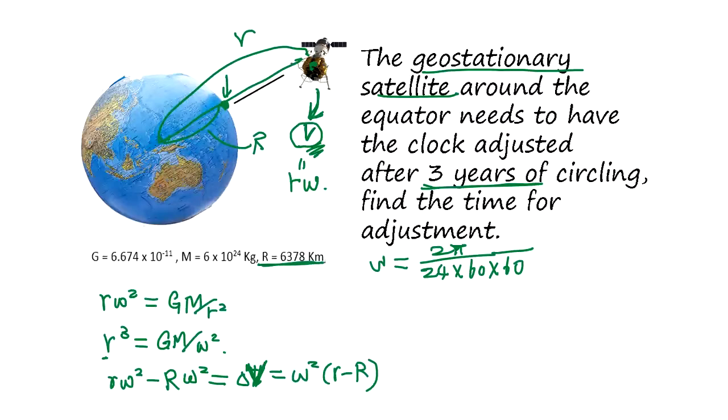let's plug in the numbers, right? We have the gravity constant and the mass of the Earth, so we can calculate all of this. Let's do that. Let's find out R first. We need a calculator. 6.674 times 6 is the mass.